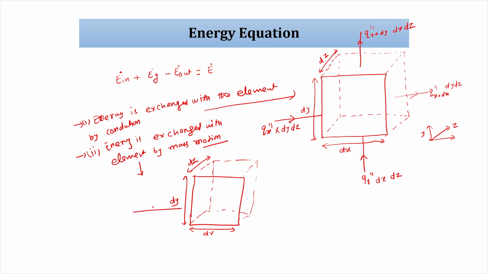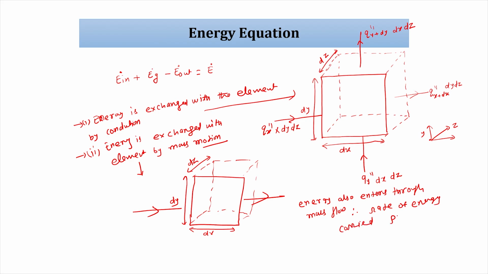So, this is called energy transfer by mass flow, that is, the rate of energy carried is equal to rho velocity into enthalpy into area.